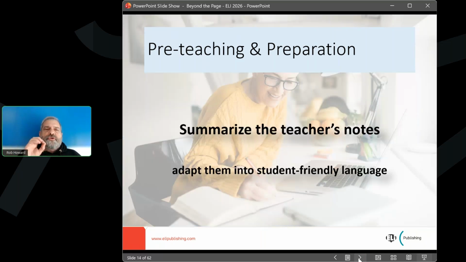And what you want to do is, as a teacher, you should be keeping notes. For example, working with a course book years ago in the course that I worked in Brazil, I was teaching out of the same book every semester, just to different classes. And I was constantly making teacher notes that would help me remember for next time, maybe this didn't work so well, or this is something that I found worked better.